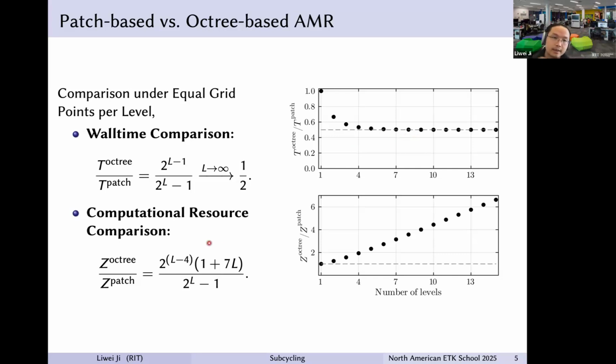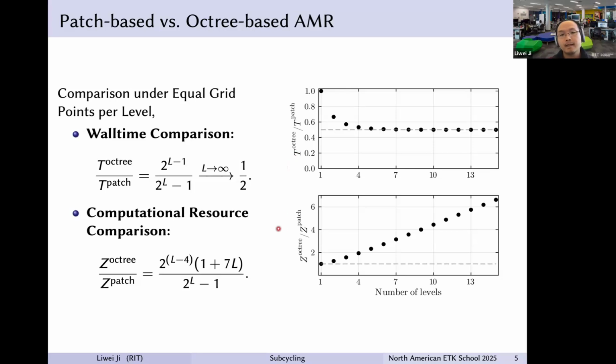But if you are counting the computational resources, or zone cycles, needed to make the same time step for both methods, then the octree-based will cost much more resources compared to the patch-based AMR.